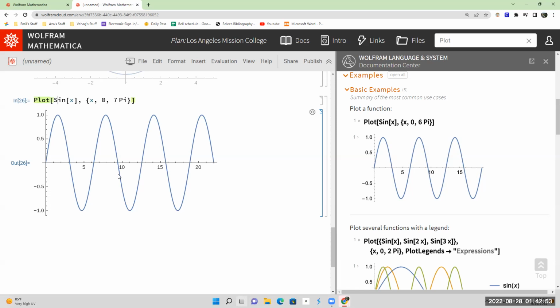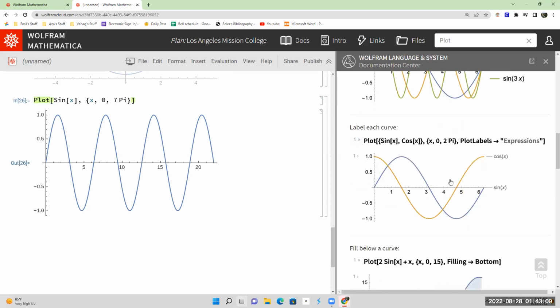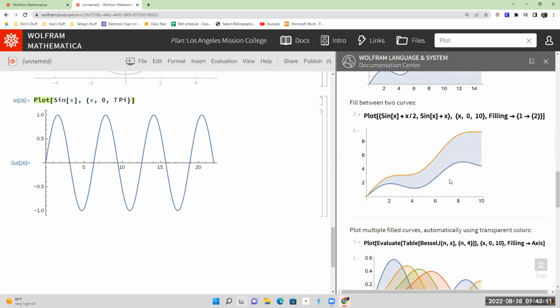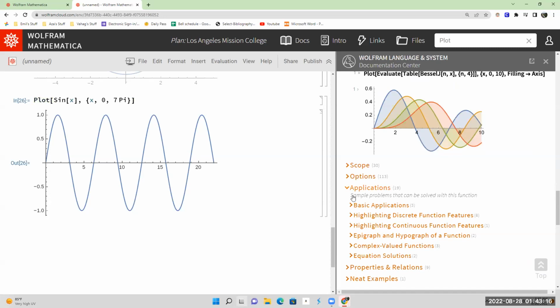If they are constants, then they should be capitalized entirely. If they are functions, then they should start with a capital letter. So in this case, we have graphed the sine function from 0 to 7 pi. You can see that plot does have a whole lot of different kinds of features that you can learn about, and a whole lot of applications.